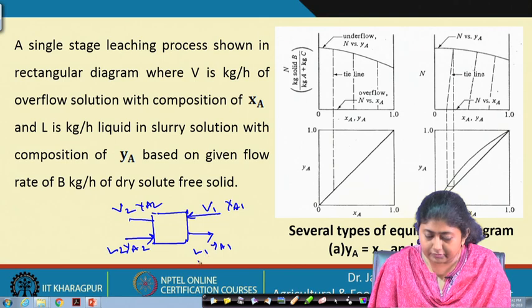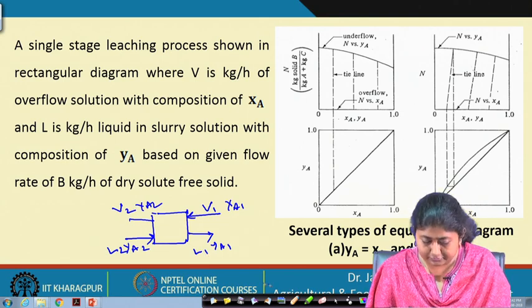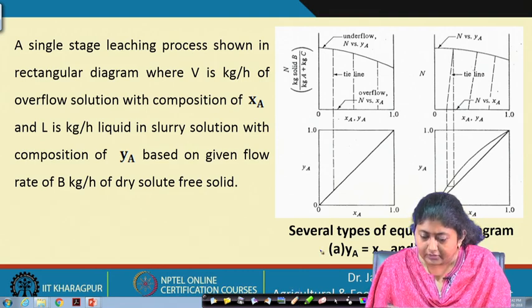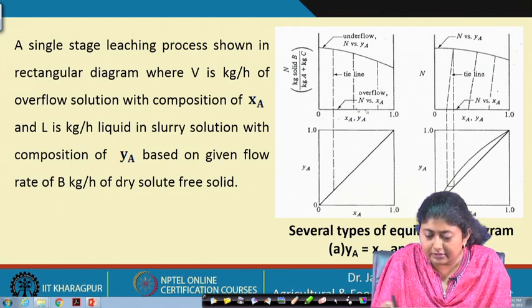Now, for the equilibrium diagram, we draw a square plot.